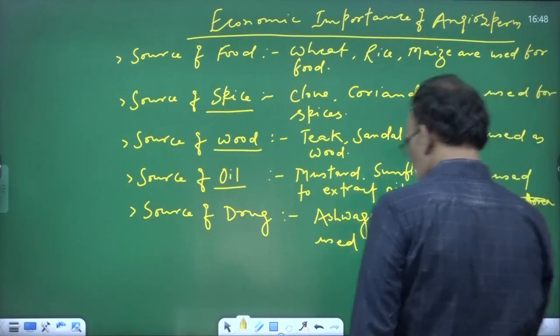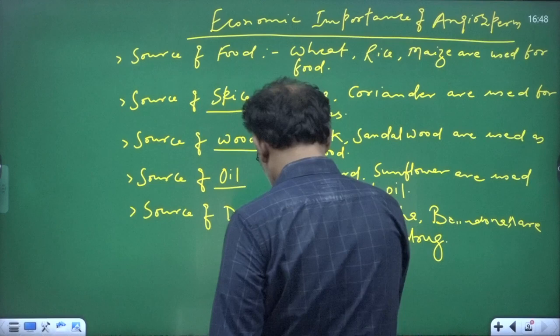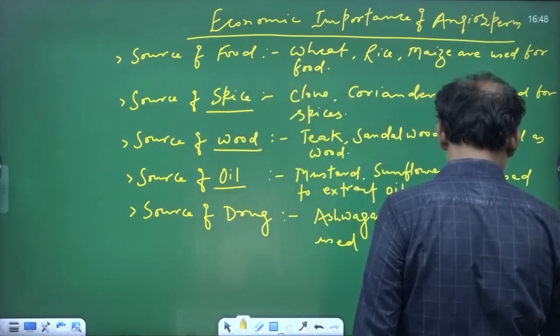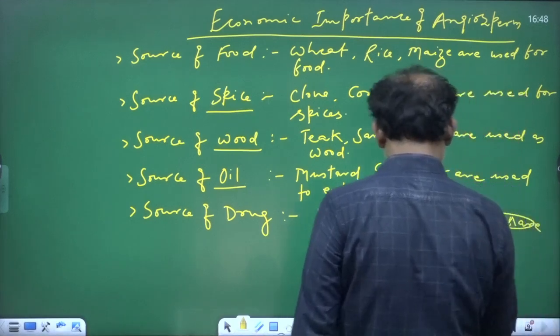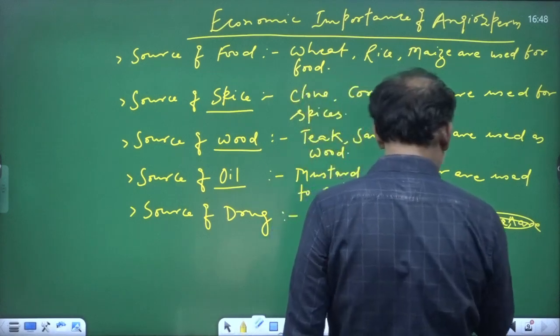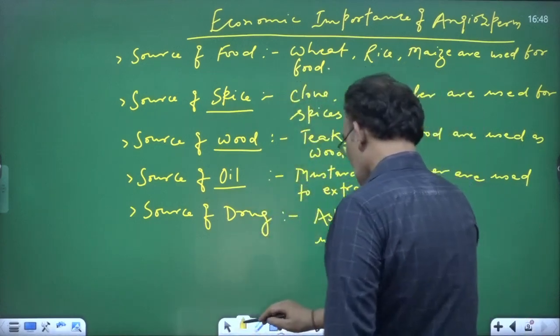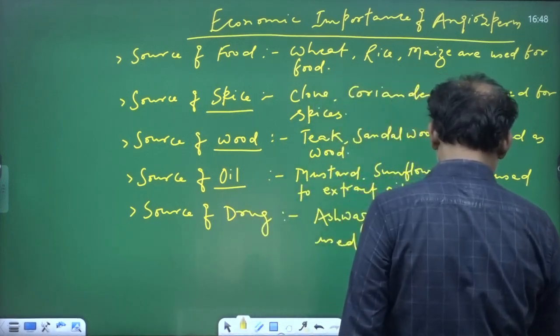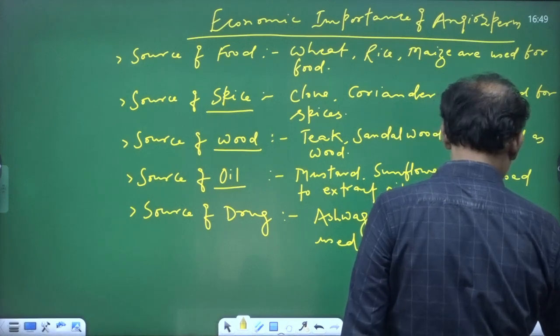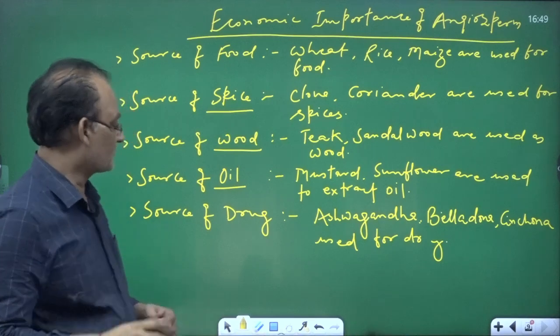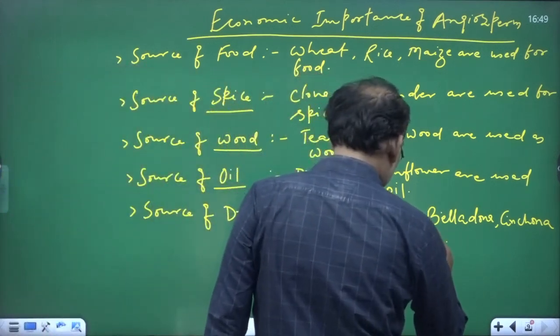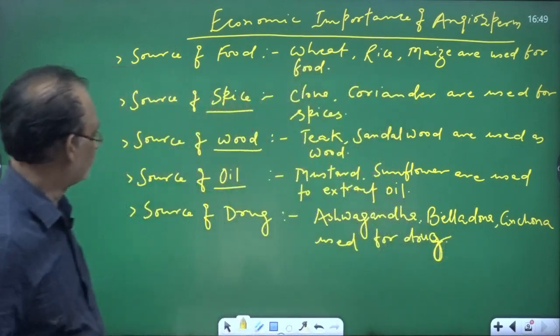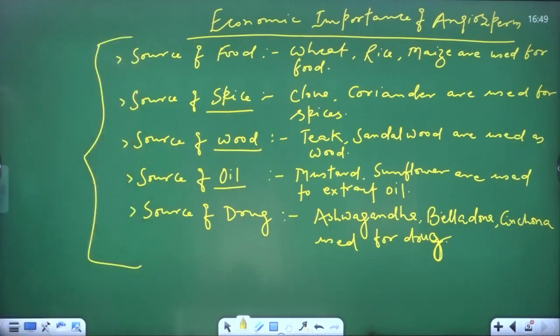Ashwagandha, belladonna, cinchona are used for drugs. So this is the economic importance of angiosperms.